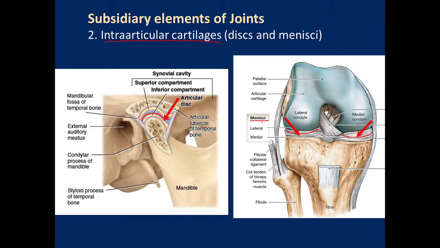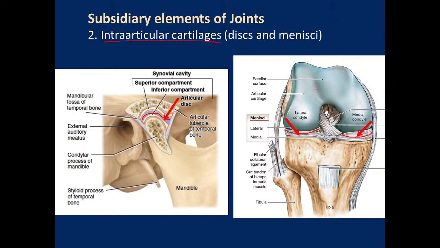That is cartilage, and discs and menisci partially divide the joints, and usually the menisci of joints are crescent-shaped discs that are a prominent feature of the knee joints, as you see.